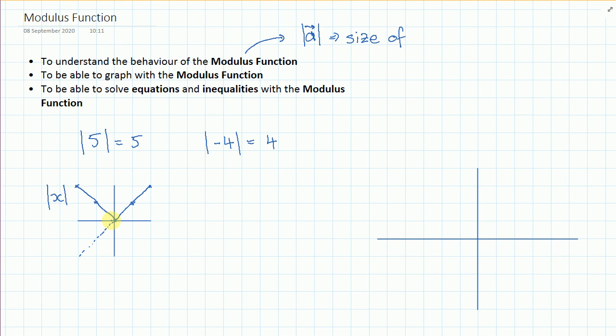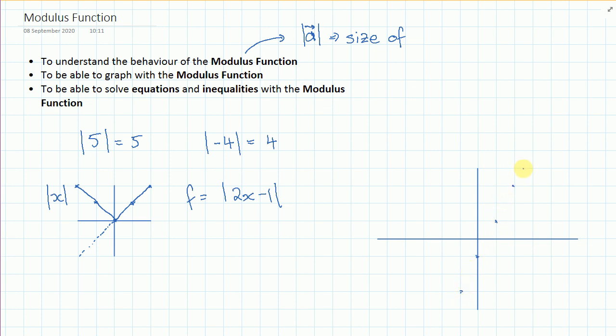So let's go into trying to do the modulus of 2x -1. That's my first function. Well, start off trying to sketch the graph of 2x -1 without the modulus. I know it goes through -1 there, and it has a gradient of 2: 2 for 1, 2 for 1, 2 for 1.